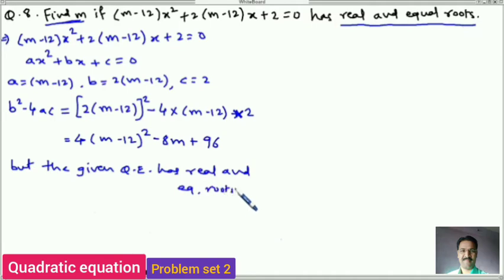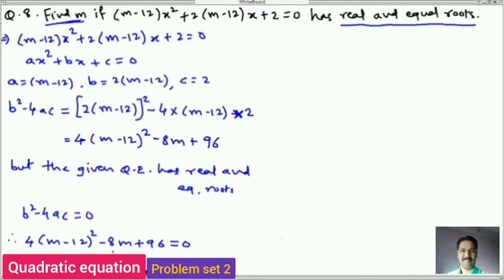Okay. Means what? Their b square minus 4ac equal to 0. Therefore, this value, 4 (m minus 12) square minus 8m plus 96, is also equal to 0.